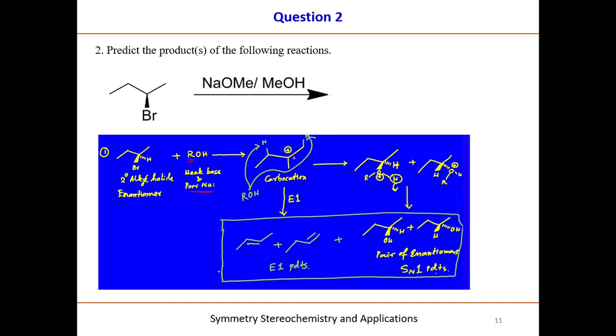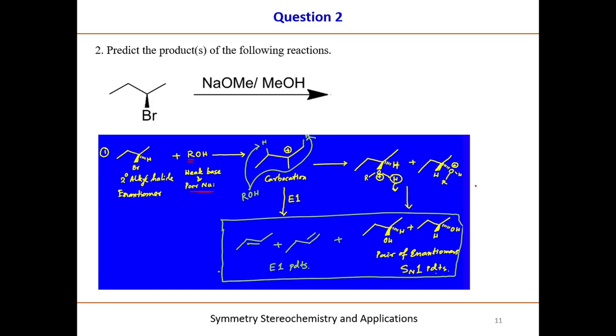After the carbocation formation, there are two ways for the reaction to proceed. The first way is that the nucleophile will attack from any side, either front side or back side, to get these two resulting products. So we will get these two products by the SN1 pathway.